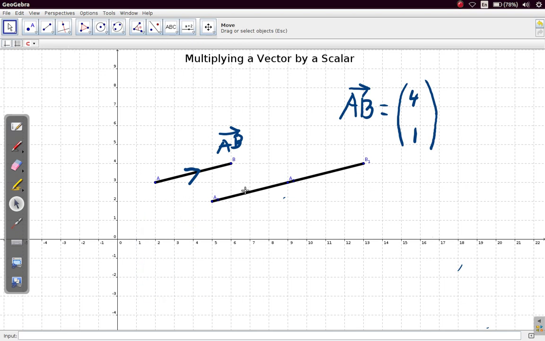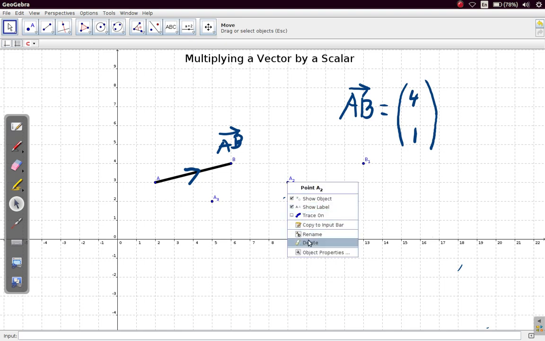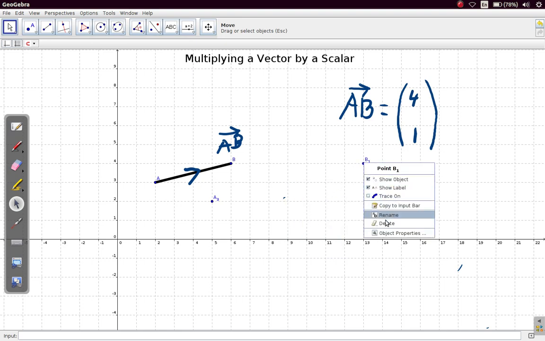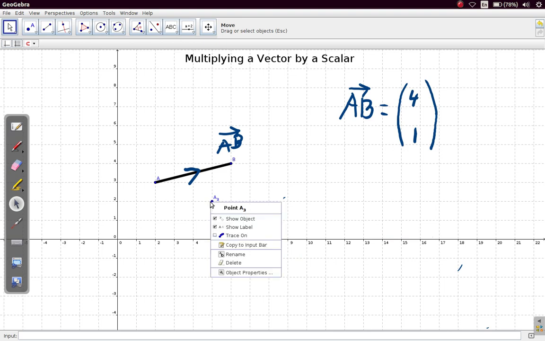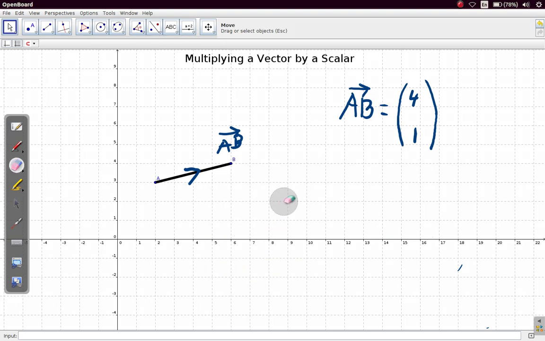If we multiply AB by 2, what would happen? You know, of course, that we would have a vector which is twice the magnitude of AB, and it should be in the same direction, right? So this is AB.